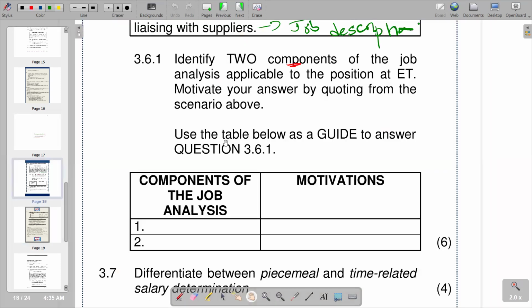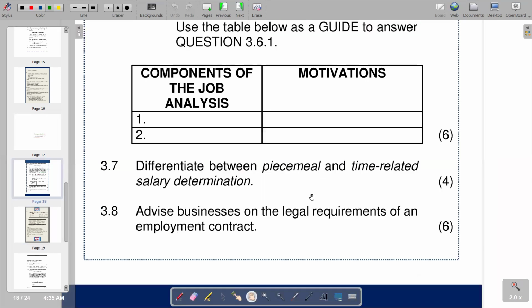Then we move on to the next question. It needs a difference between piecemeal and time-related salary determination. Piecemeal is the piece rate system, whereby the total quantity of output produced by each individual worker determines the salary that worker is going to get. So salary is determined by the quantity produced.